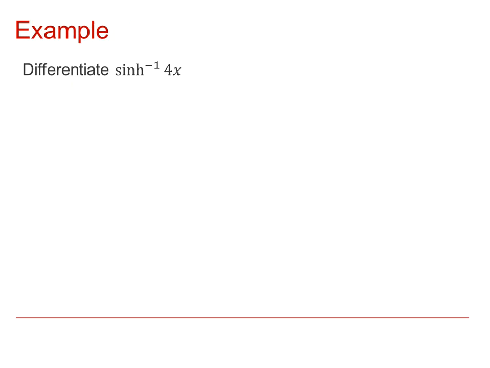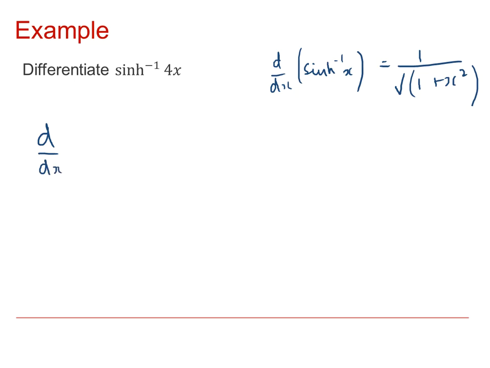So an example of how we might use this then, here we're asked to differentiate sinh inverse of 4x. We have found now that the derivative d by dx of sinh inverse of x is equal to 1 over the square root of 1 plus x squared. So all we need to do then to work out the derivative of sinh to the minus 1 of 4x is to substitute into the formula 4x instead of x.